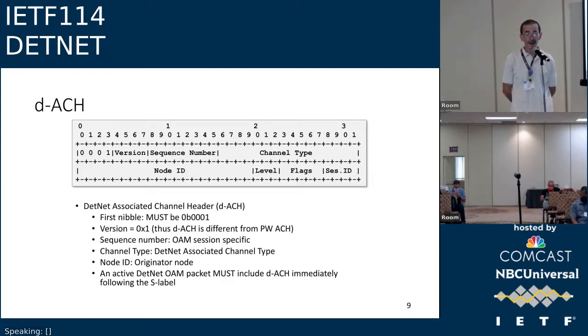First, the first nibble is 1, compared to 0 in a DetNet control word. And then we're modifying the ACH defined for pseudowires with a new version number and a new format, to support DetNet sublayer OAM operation.